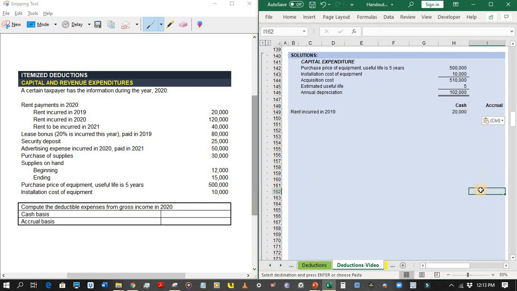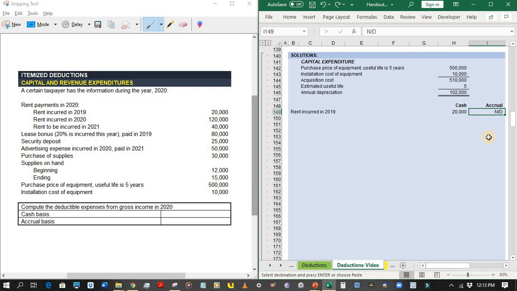However, under accrual basis, this is non-deductible. And why is this non-deductible? Because this was incurred in 2019 and it should be deductible in 2019. So under accrual basis, upon payment, it will no longer be allowed as a deductible expense. Again, under accrual, it was deductible in 2019.